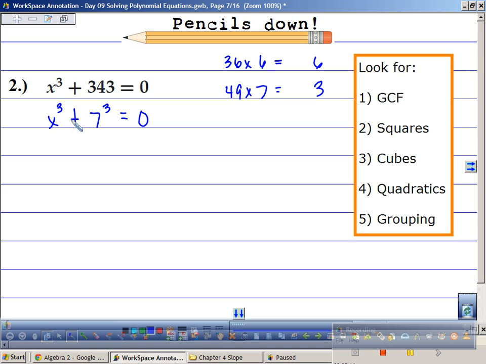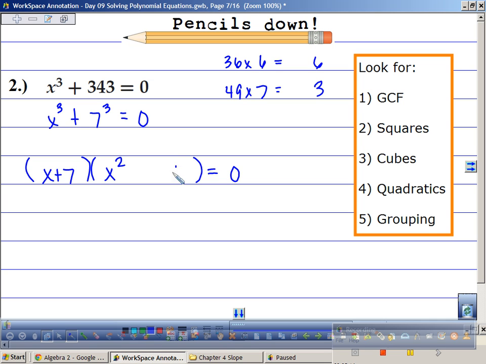What did we learn about the sum of 2 cubes? It can factor to a binomial and a trinomial. Right? Josiah? What would be the first one? X plus 7. And this would be an x squared. And this would be?